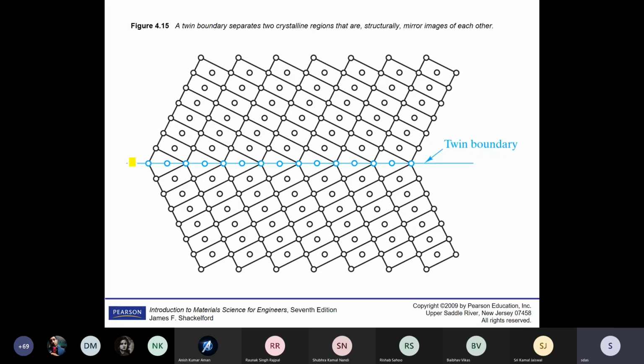So there's another picture of a twin. You can visualize it. This is my twin plane, the blue color one, I'm highlighting it, across which I have twin region with respect to the untwinned region. They are the mirror image of each other.